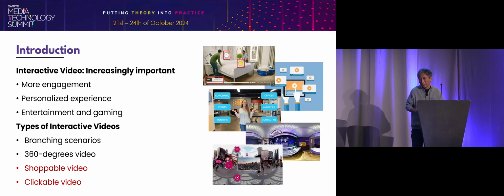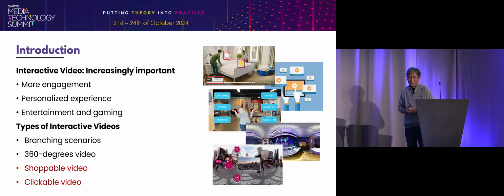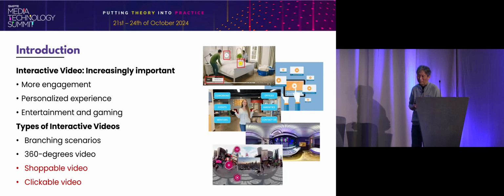So this is about interactive videos, and interactive videos are getting increasingly important. They give users more engagement or a more personalized experience, and add entertainment and gaming essence to it. So what kinds of interactive videos are out there?